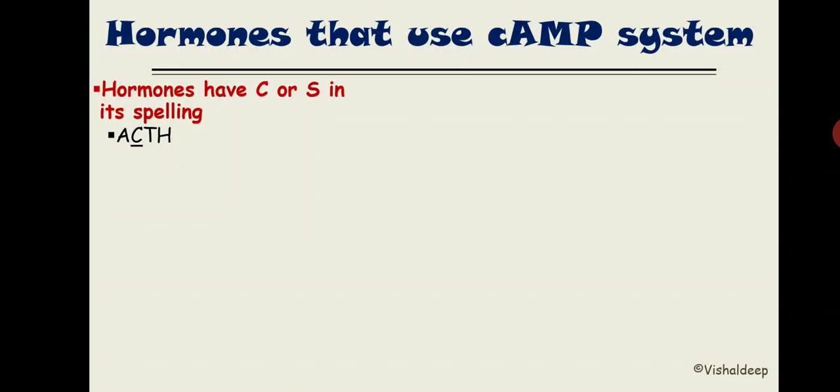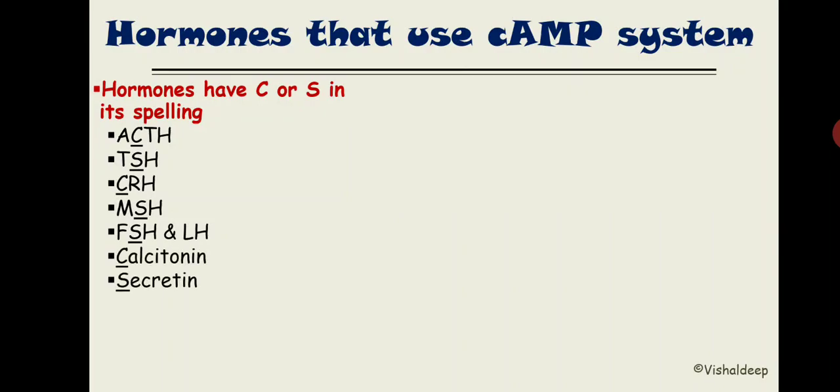This is a formula, it is more or less right for about 90 to 95% of the cases, right? So any hormone that has C or S in its spelling is using the cyclic AMP system. This is the list: ACTH, TSH, CRH, MSH, FSH, along with it LH, then calcitonin, then secretin, right?